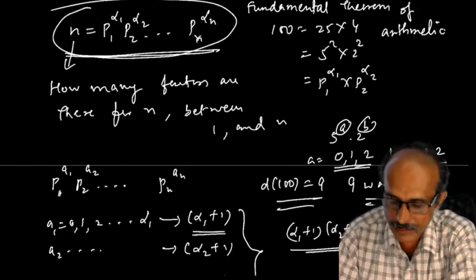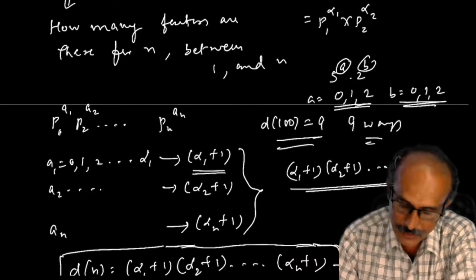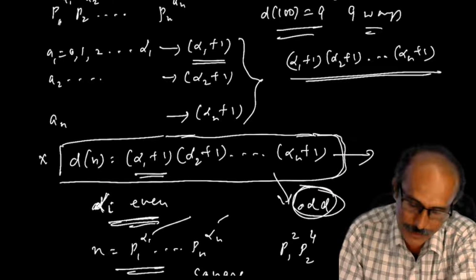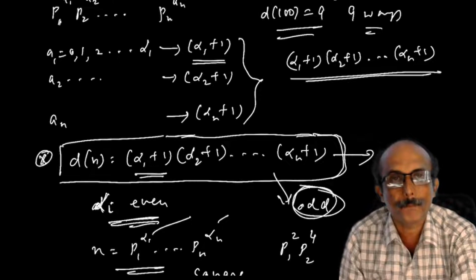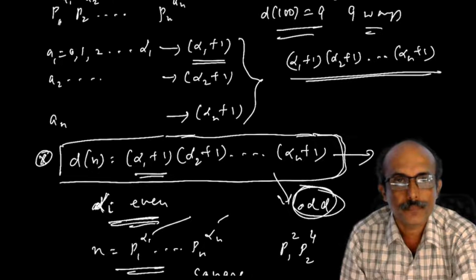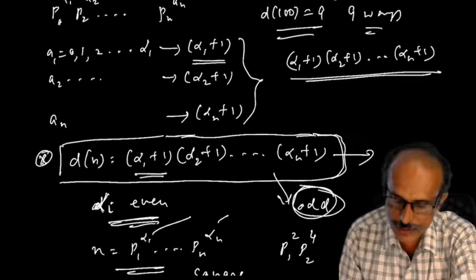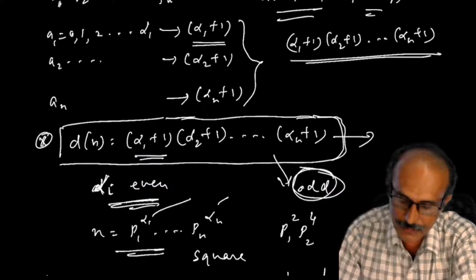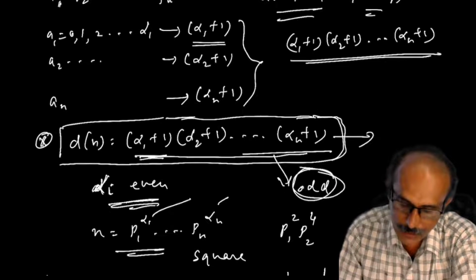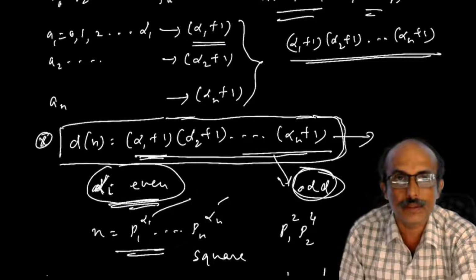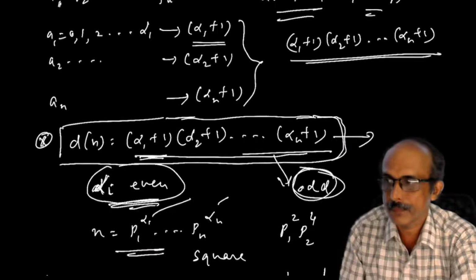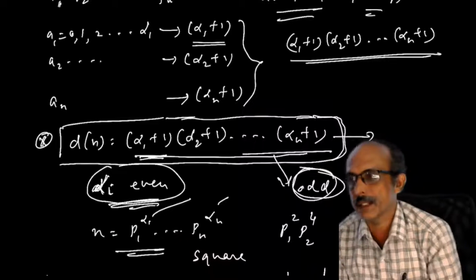And then we have proved that the number of positive divisors is given by this formula. So the key point to note is that this formula implies whenever this quantity is odd, all of these alpha_i should be even, so that n becomes a whole square. I hope the point is clear.